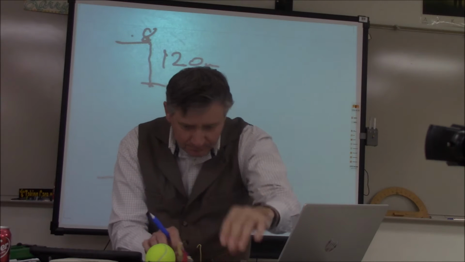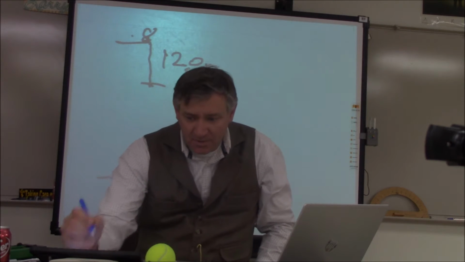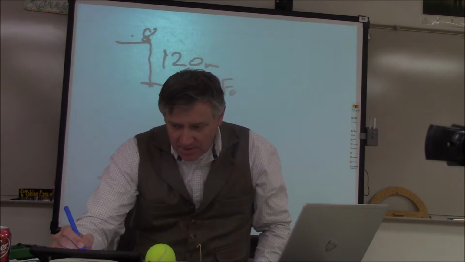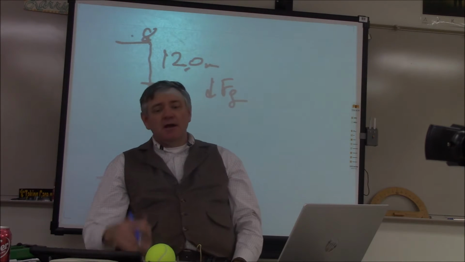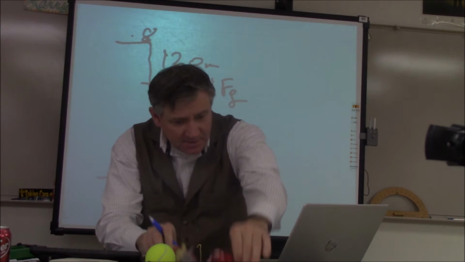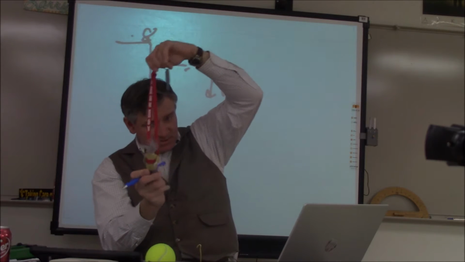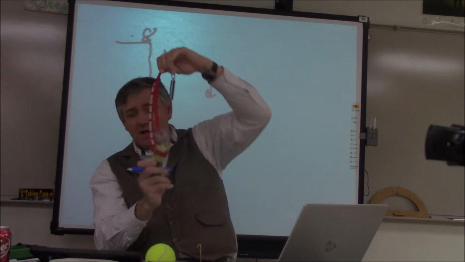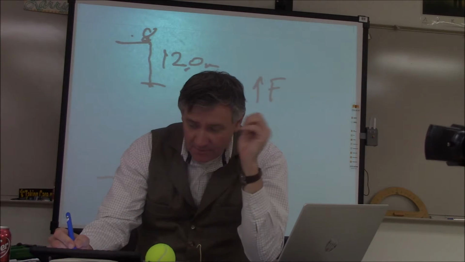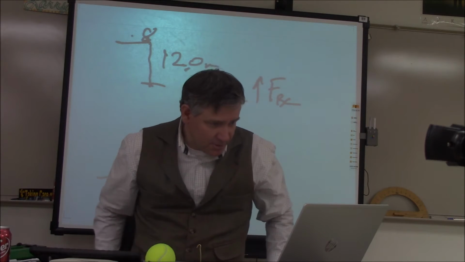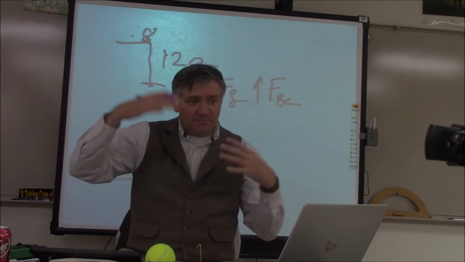At that point, the only force acting on you was gravity. That's the only force acting on you. But once that bungee cord begins to stretch, like this, then you're going to have some upward force created by the bungee cord. So that's going to begin to kick in.